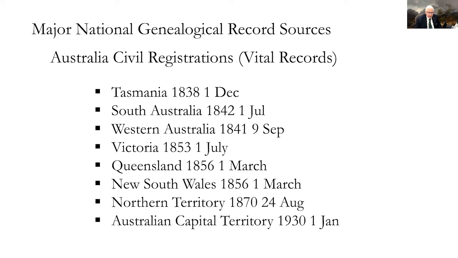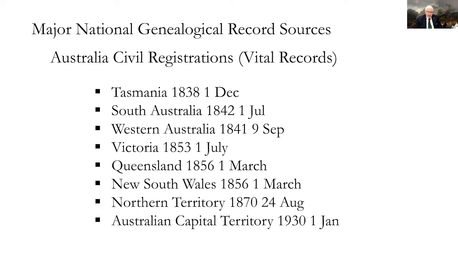But Australia was ultimately part of the British Empire, and eventually part of the British Commonwealth. And so their laws and their way of registering people and keeping records paralleled what was happening in England and the British Empire.